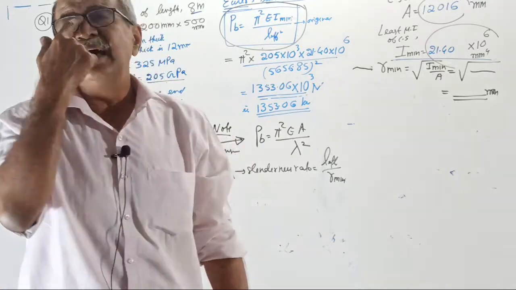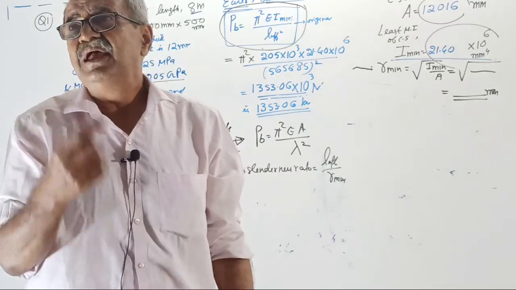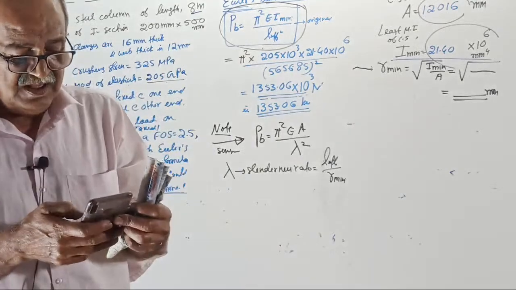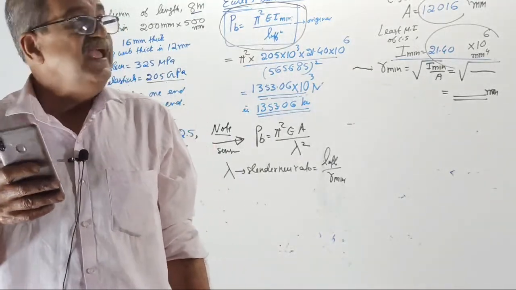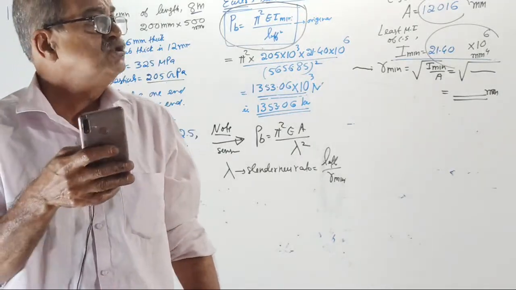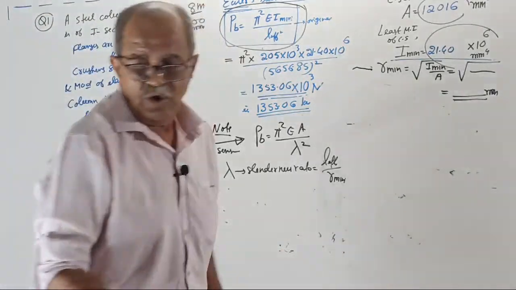But ISMB is much superior to ISHB if it is a beam. Do you remember it? For column, HB is more superior. Anyway, forget it.